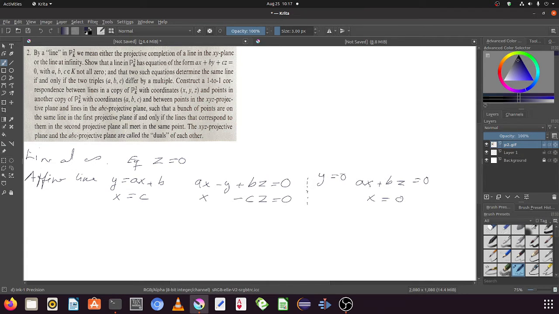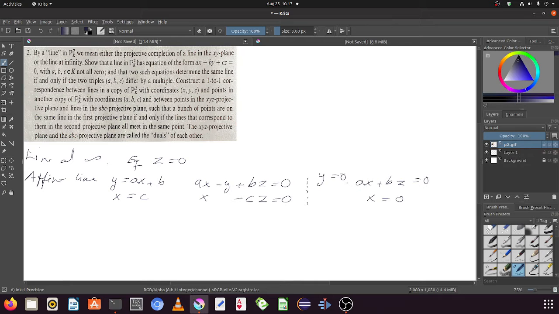So if y is naught, then we have this affine equation. a may be 0, b may be 0.